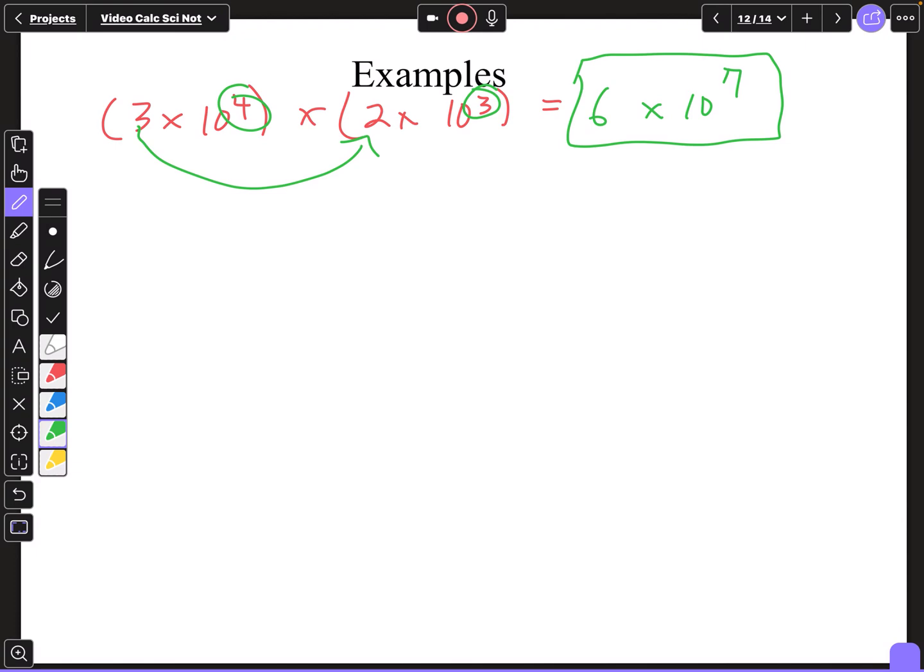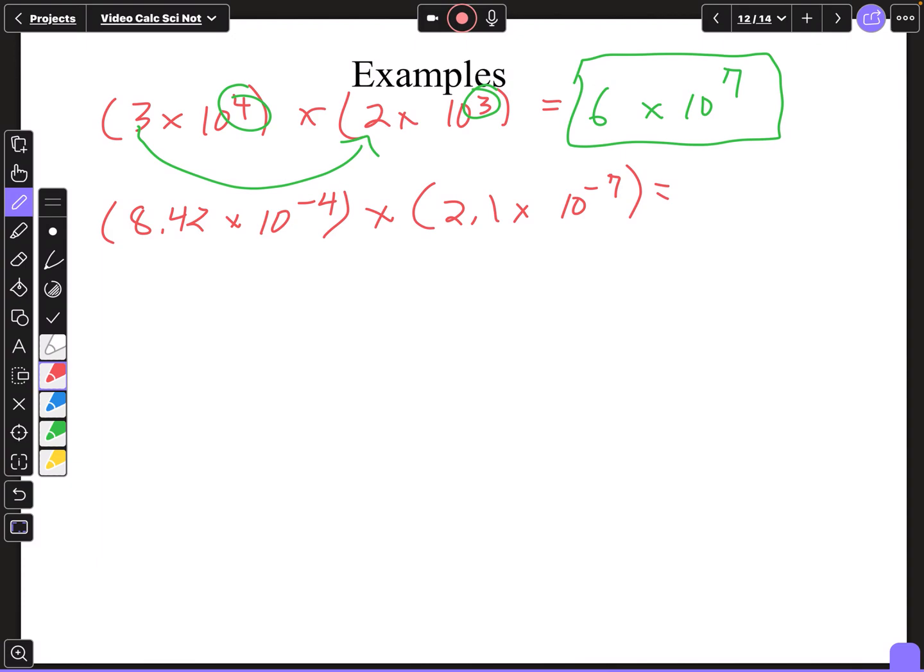Now if we look at another one, if I had 8.42 times 10 to the -4th, and I'm going to multiply that by 2.1 times 10 to the -7th.